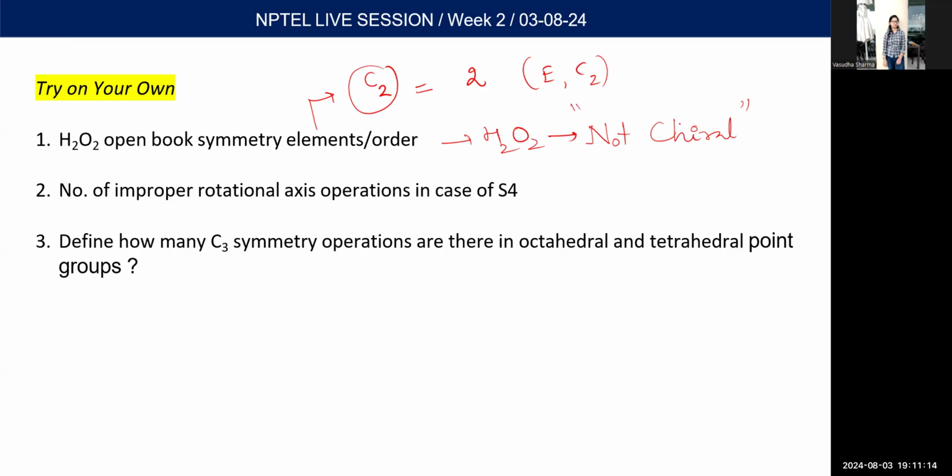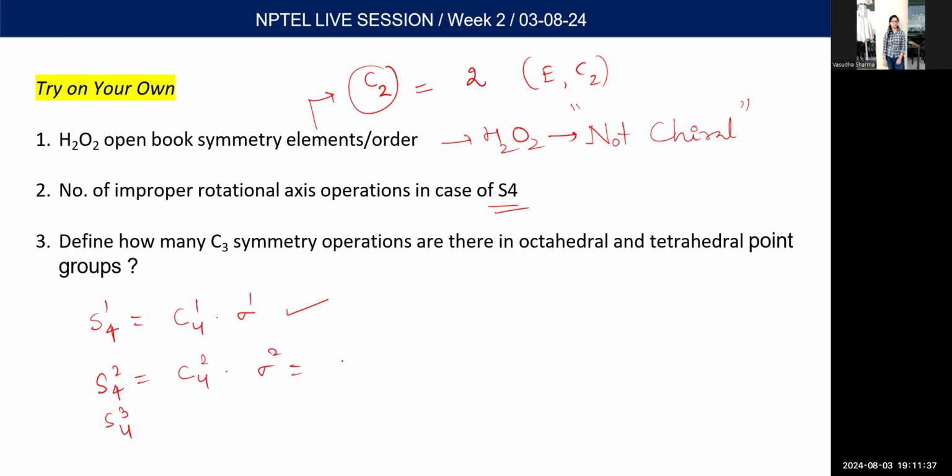Number of improper rotational axis operations in the S4 case. In the S4 case, we know that we have to try till it gives us identity. So it is C4^1 and sigma^1. So C4^1, sigma^1, it is countable. S4^2 is C4^2 into sigma^2.